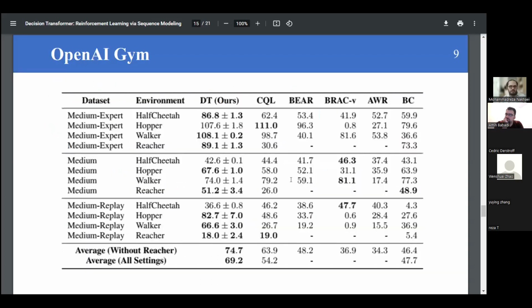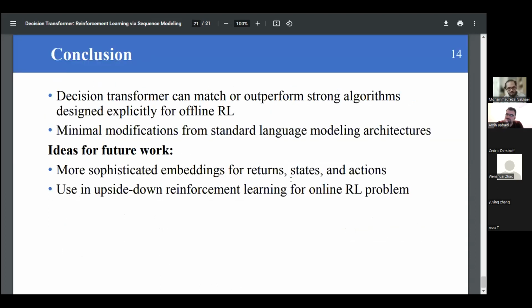Okay, here, as I said, there's an algorithm called upside down reinforcement learning. Similar to here, we have a desired return, the target return. In that setting, we have a desired return and a desired horizon, the number of time steps.